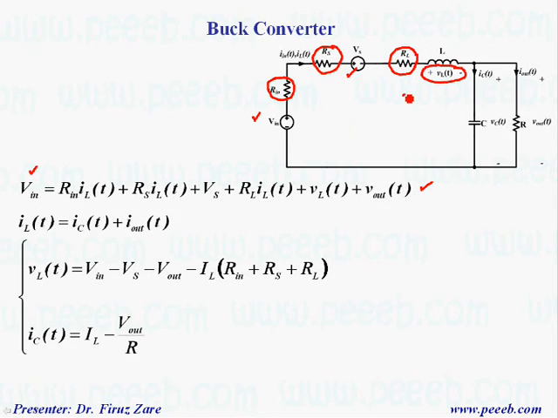The inductor current equals the current through the capacitor plus the output current, which is given here. Then we can write the equations for inductor voltage and capacitor current when the switch is on.